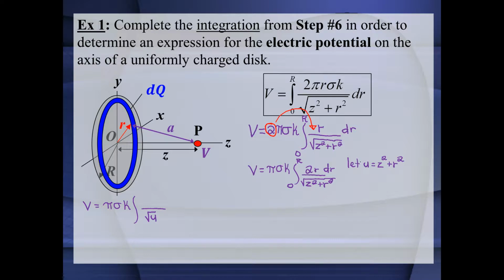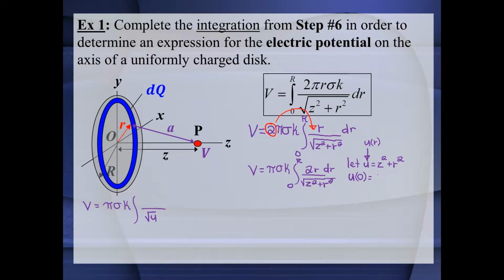Now, when you make a substitution like this, you actually have to change the limits of integration as well. So the way to change the top limit of integration is this equation up here. This is actually u as a function of r. So to identify the new limits of integration, you have to take this function and evaluate it at the limits of integration that I see here. So my lower limit of integration would be determined by figuring out u at the lower limit, which is u at 0.